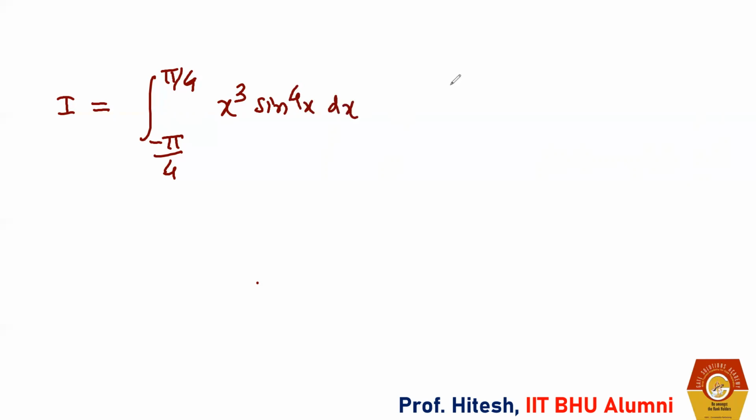Let's go, so the question based on this is very important when we will deal with Fourier series. So the integral from minus 5 pi by 4 to pi by 4 of x cube sin to the power 4 x dx. Okay? So x cube, you know, is an odd function, sin to the power 4, that will be an even function, and this is an odd function.